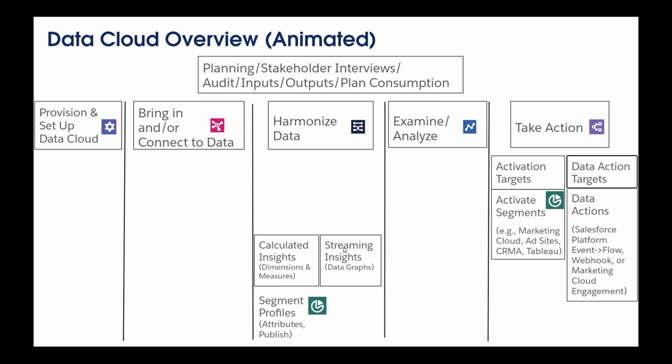So for example, if a customer posts several questions about a product, maybe we could go ahead and create a case for them, as an example of a non-marketing use case where the streaming data coming in and the streaming insight lets us know that we need to take some action in Salesforce, which could kick off a flow, as an example, to create a case and alert someone so that we can follow up.